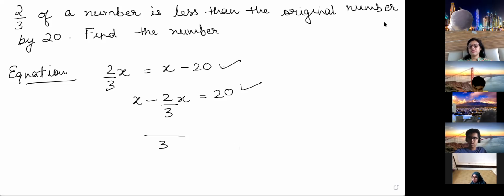Solve it and give me the answer. Farhana, you got the answer? Yes. Send me the answer in chat, and let others also give the answer. Okay, you got the answer, Farhana. Rest everyone, please solve it.